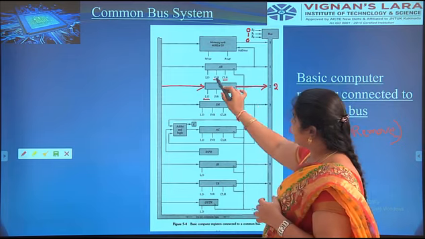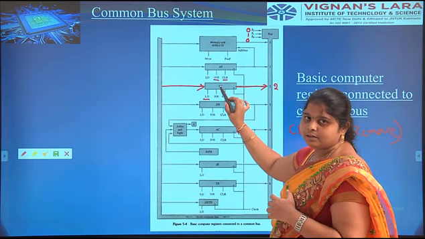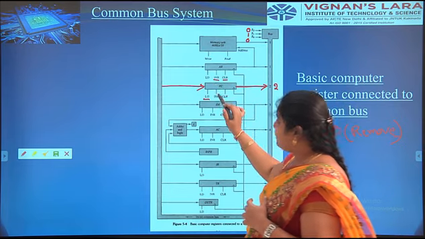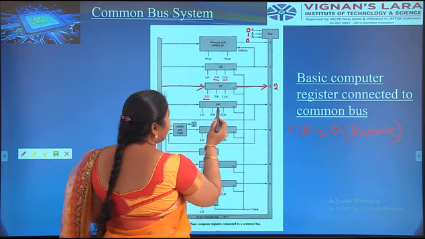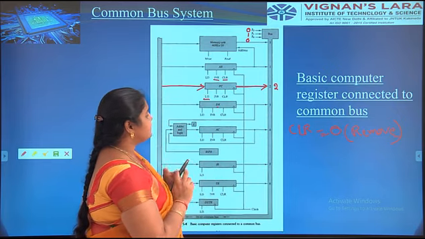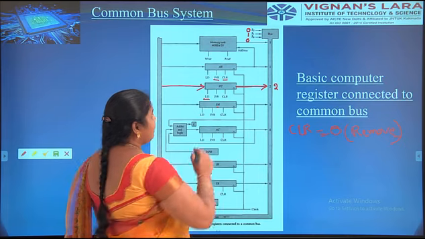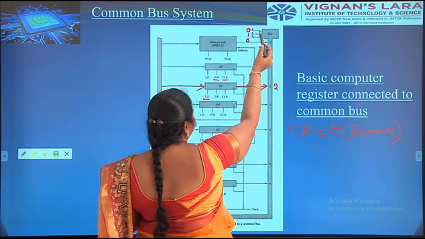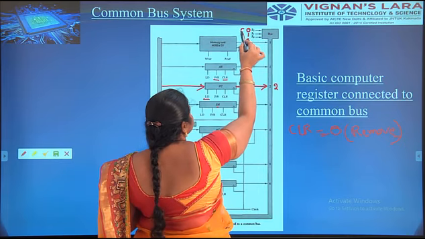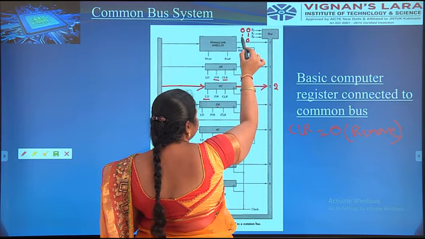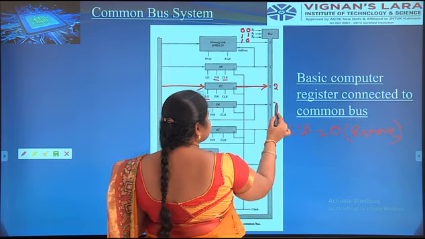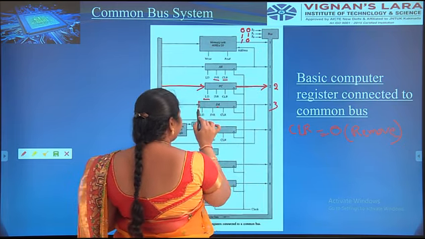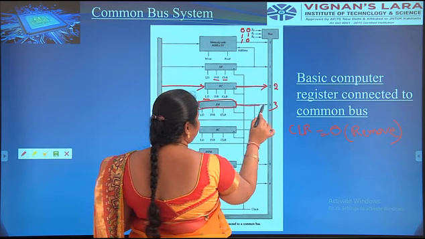Whenever these control inputs are enabled, for example load enable, it performs some operation. Here DR means data register. In the example, 3 means 0, 1, 1. 3 is enabled, and the content of DR is transferred to the common bus.